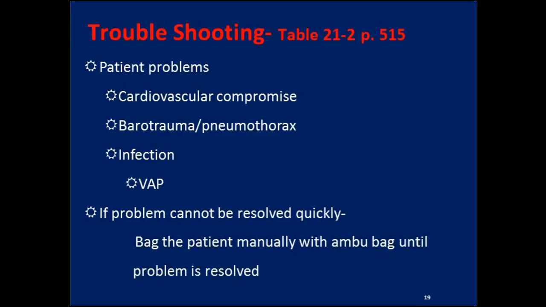Turn, cough, deep breathe, suctioning. In a ventilated patient, it's going to be positioning, turning every 2 hours. It's going to be humidified, making sure that the treatments are humidified, that the patient is suctioned on a regular basis, and oral care.